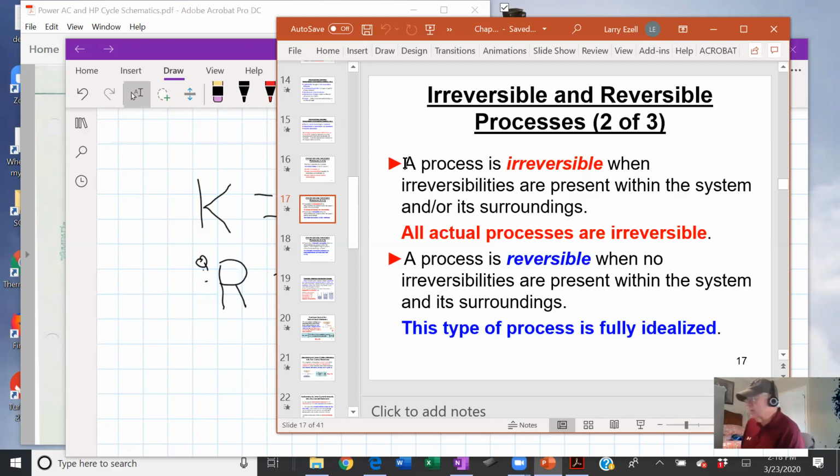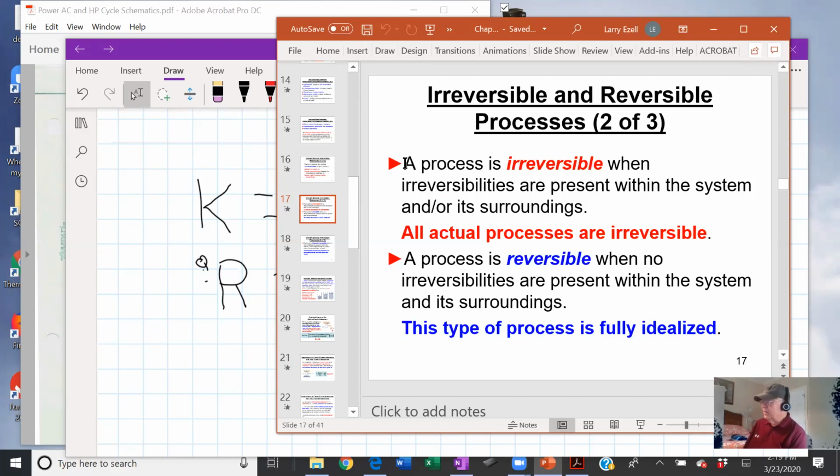All actual processes are irreversible. True. A process is reversible when no irreversibilities are present within the system and its surroundings. Another not so profound statement, but true.